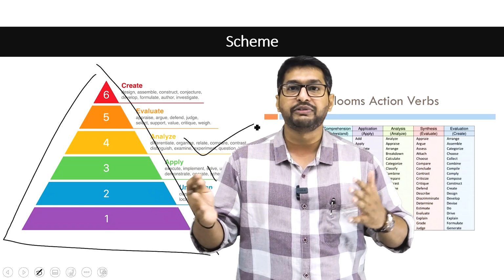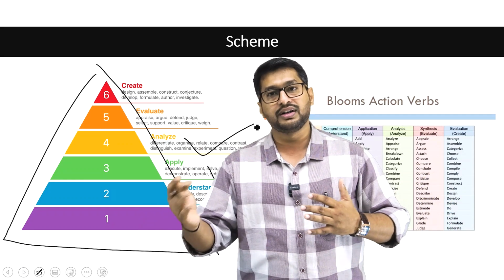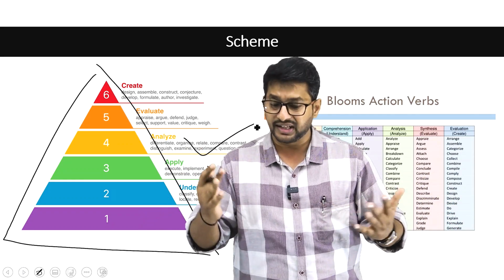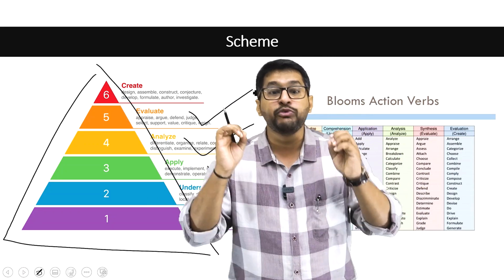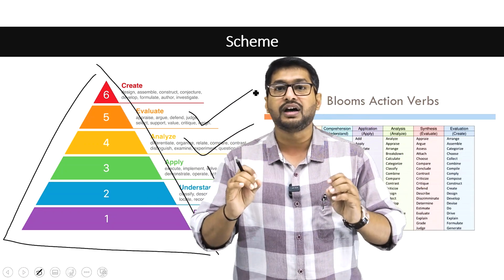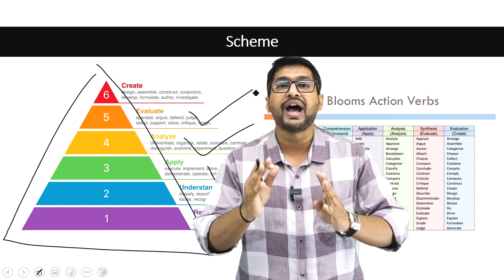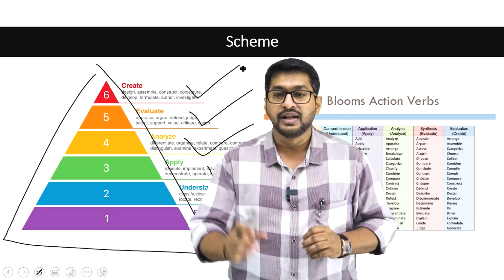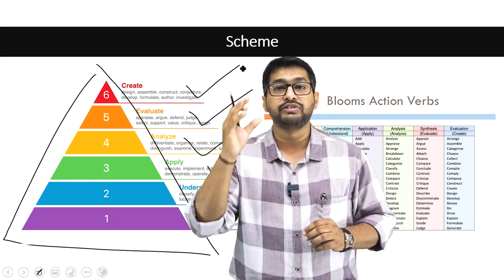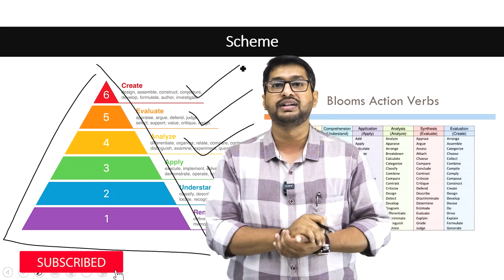Example: differentiate between FASTA sequence or GenBank format, something like this. The L5 level is to evaluate, so whether the candidate is able to evaluate the given question. And very importantly, L6 is the creative component, where we look into the creativity of the student.